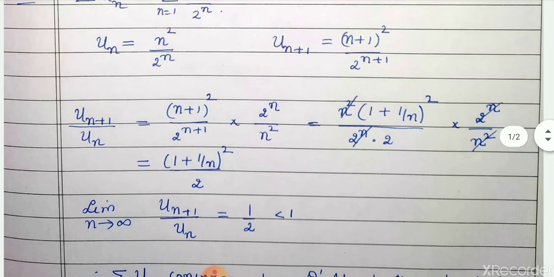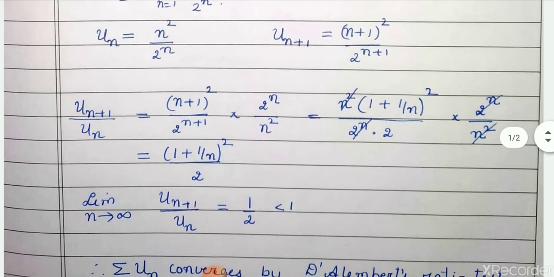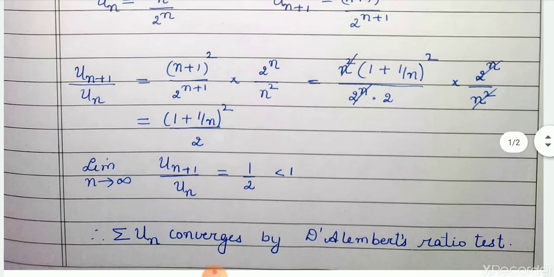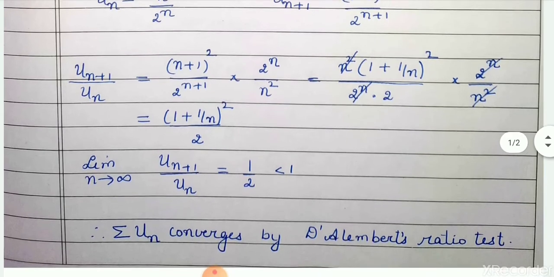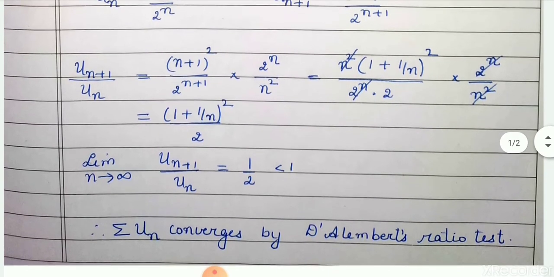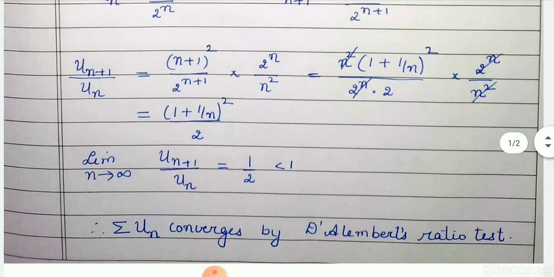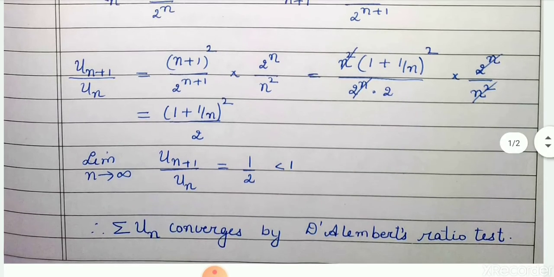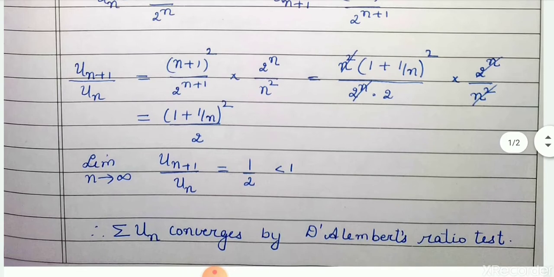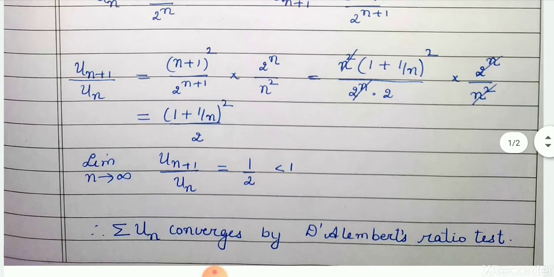Now since we are going to take the limit as n tends to infinity after the simplification, again we go for the same way of simplifying, that is expressing the terms as 1 by n form. So for that, what do we do? We simplify the terms and try to put the terms as 1 by n.